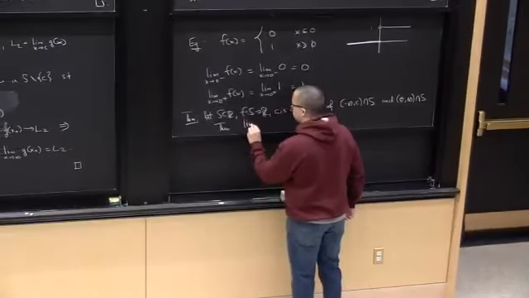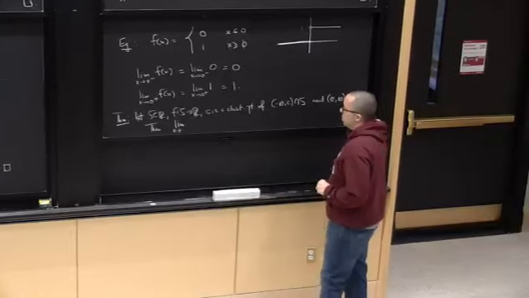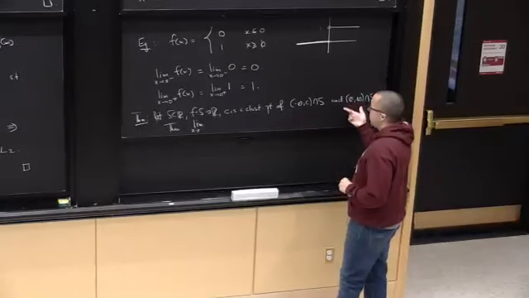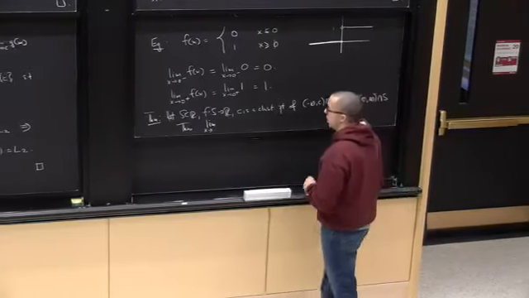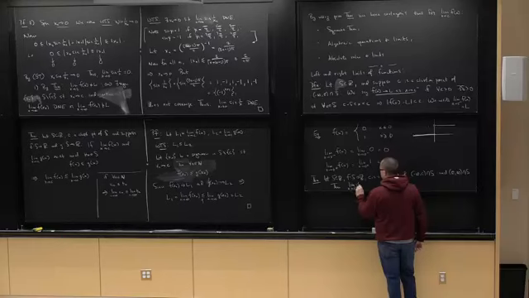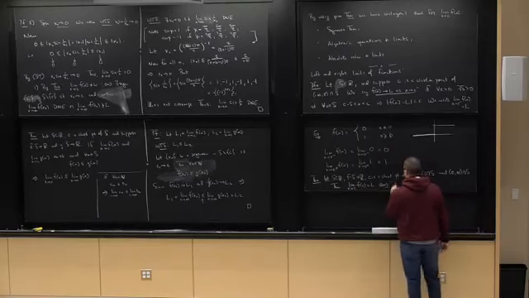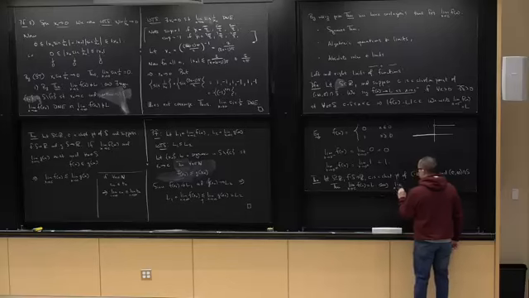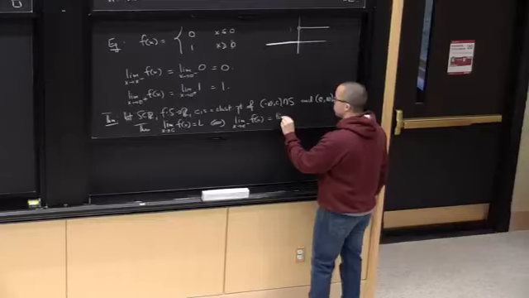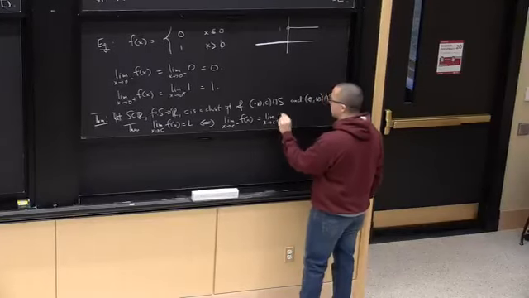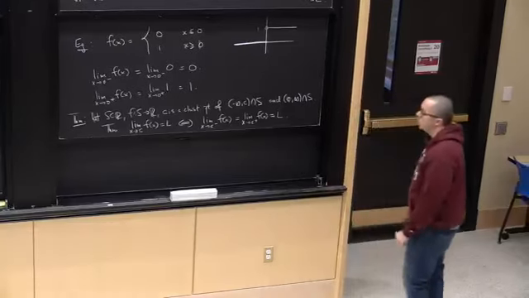Then, first off, if c is a cluster point of any one of these sets, it's going to be a cluster point of the set S. Okay, so we can actually look at the limit. So then the limit as x goes to c of f of x exists and equals L if and only if the limit as x goes to c from the left of f of x equals the limit as x goes to c from the right of f of x equals L. Okay?